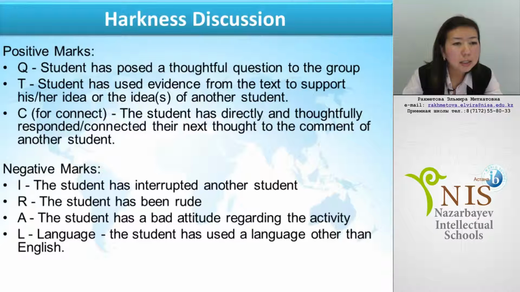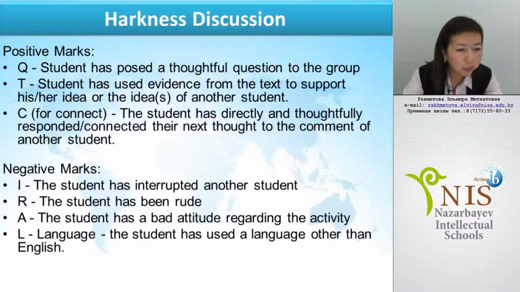So the next is T. T for evidence from the text to support their ideas or the idea of another student. C for connect. The student has directly and thoughtfully responded, connected their next thought to the comment of another student.